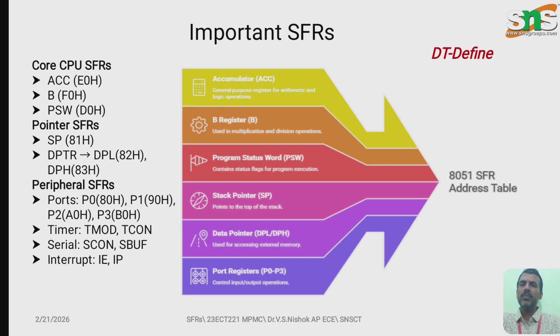Coming to the important SFRs, these are classified into core CPU SFRs, pointer SFRs and peripheral SFRs. Core CPU SFRs are further classified as the accumulator, B register and PSW special purpose registers. Each of these addresses, E0H, F0H and D0H, specifies the address of the individual special purpose register.